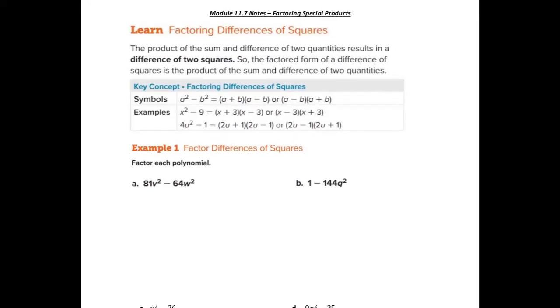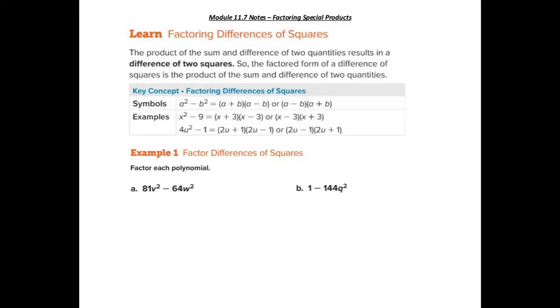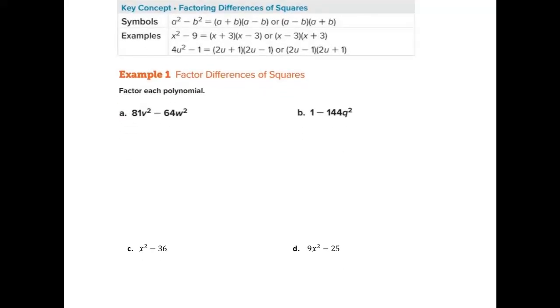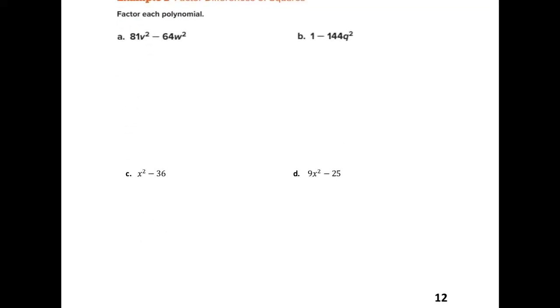All right. So we are factoring the difference of two perfect squares. First of all, I want you to notice in all of these problems, as you look at A, B, C, and D, how many terms do you have? How many terms? Is this a monomial, binomial, trinomial?